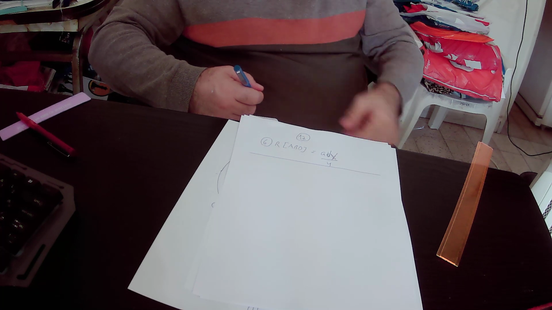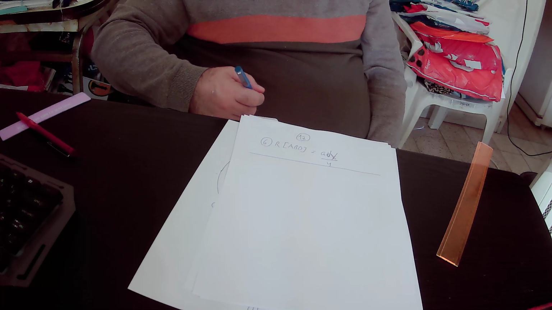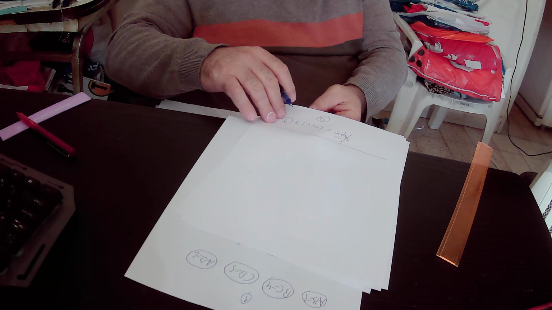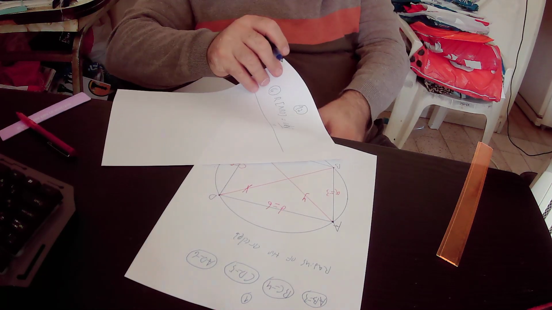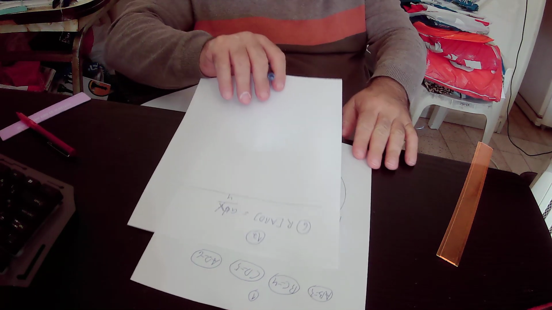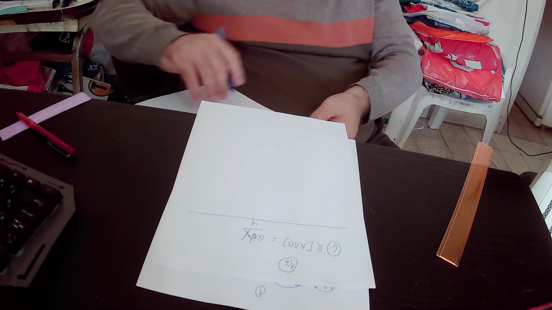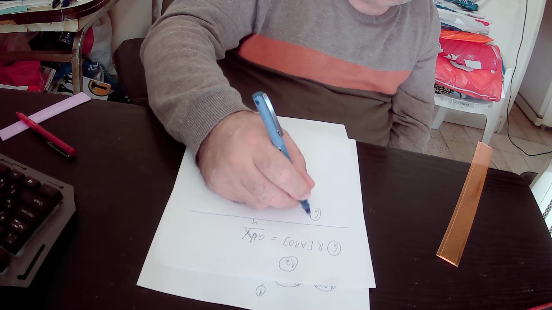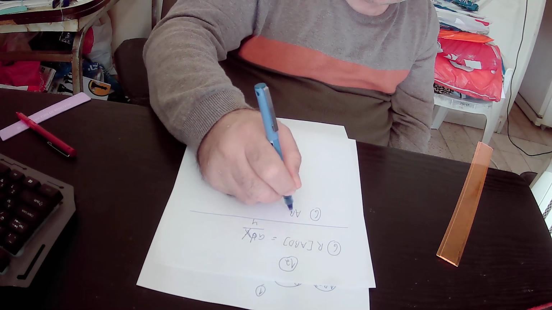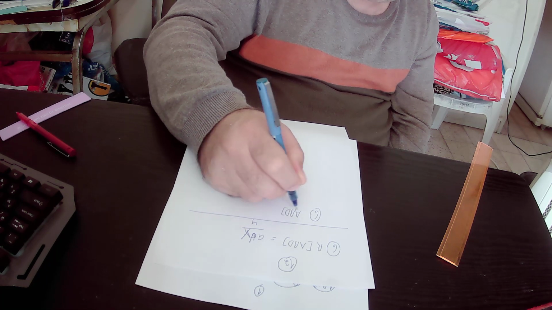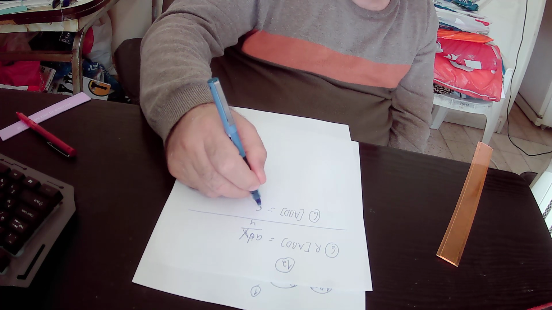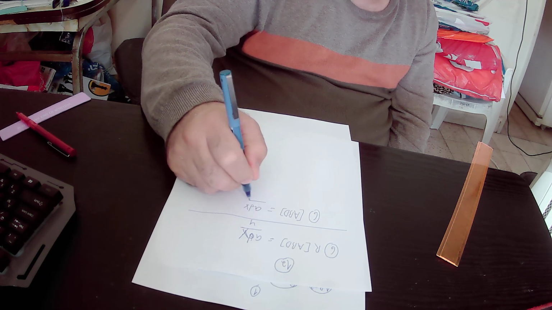Here we will divide equation number 6 by the radius, by R, and we will get that the area of triangle ABD, according to equation number 6, equals ADX over 4R.